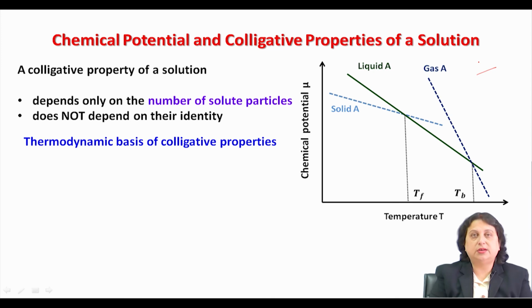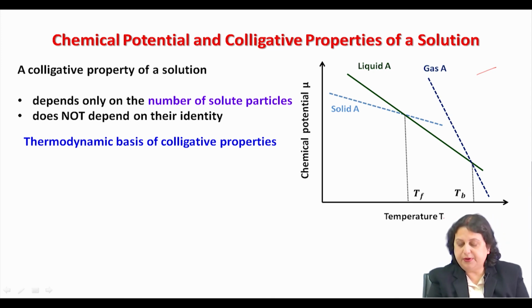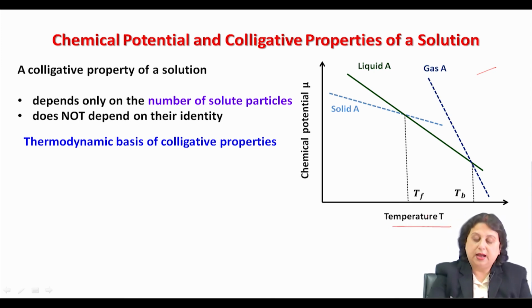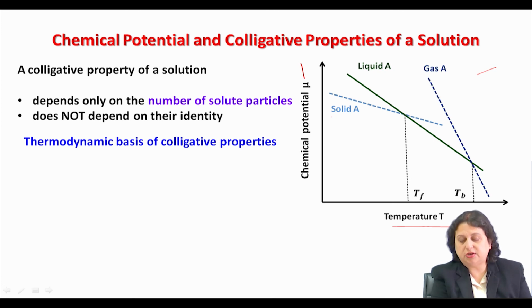So what I am doing here is I am plotting the temperature along the x-axis, I am plotting the chemical potential along the y-axis, and if I have the pure phase of A, that is the solvent in my solution, then this is the variation of mu for the solid A. This is the variation of mu for the pure liquid A, and this is the variation of the pure gas A.